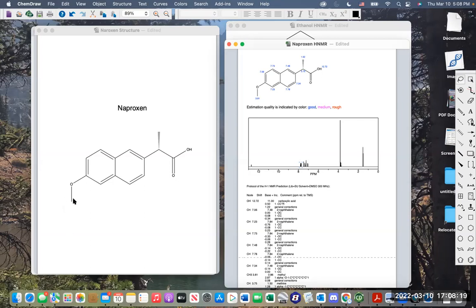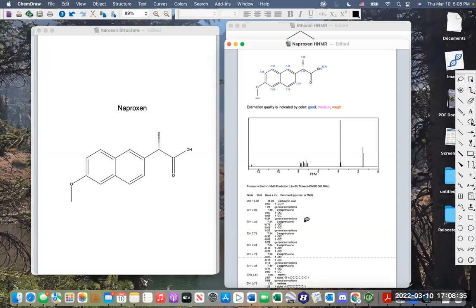Over here we have an ether and then a carboxylic acid on the end. So it's important to identify those structural groups so you can know the ranges that you should be looking for on the spectrum. So to begin, we can identify that the most electronegative atom in this compound is oxygen, and oxygen appears 3 times.